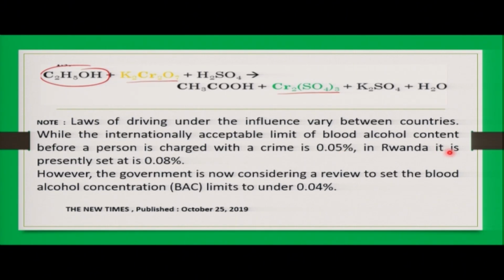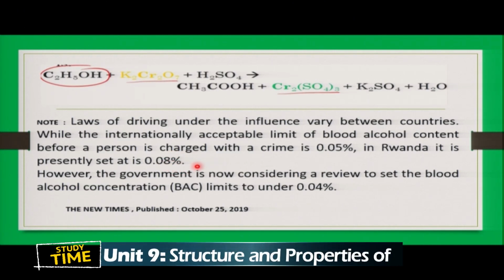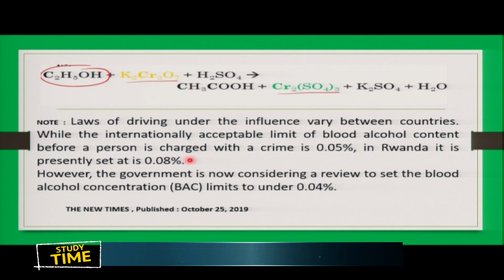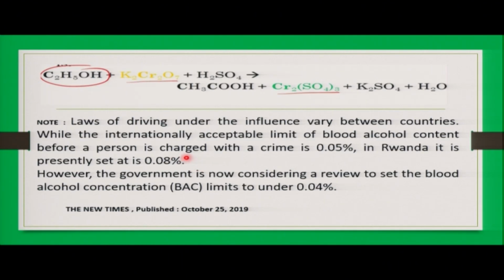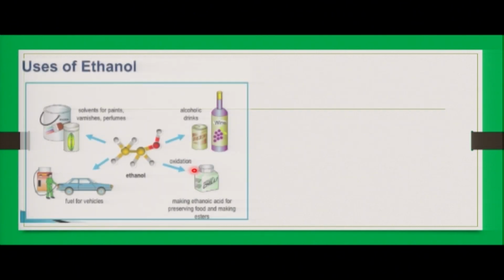But in Rwanda, it is presently at 0.08%. So if you breathe into that device and it reads 0.08%, that means 8 parts in 100 cubic centimeters of blood. Then you have taken excess and you will be charged for what you have taken.